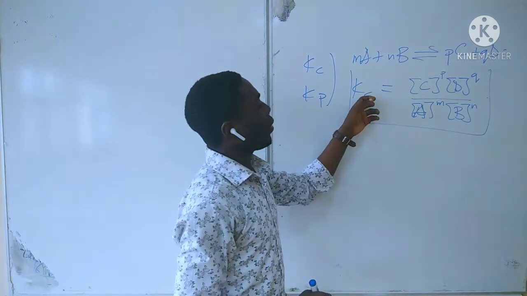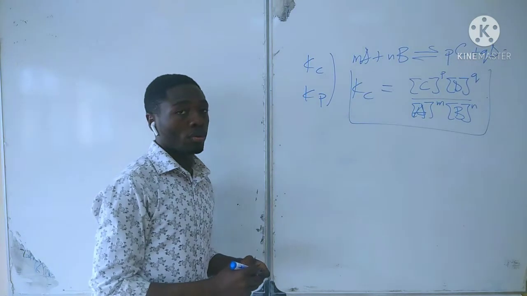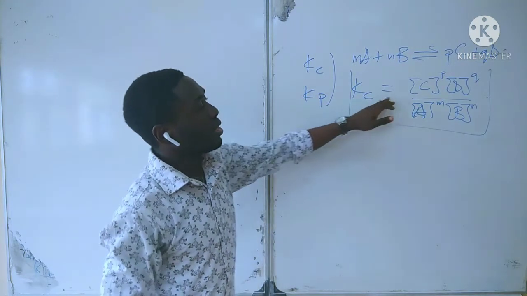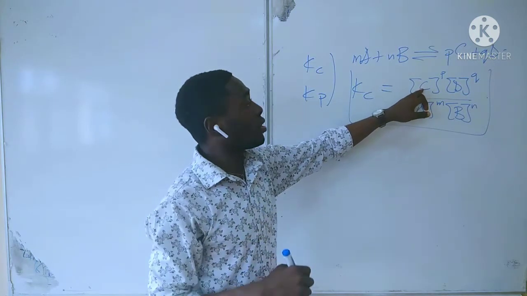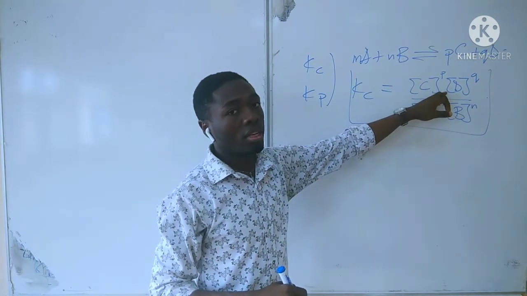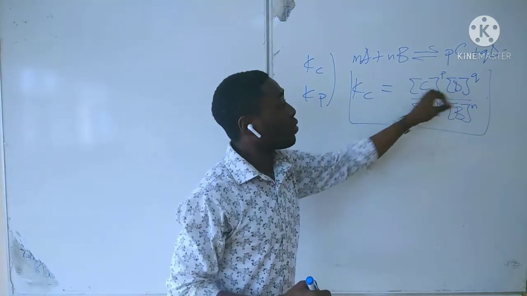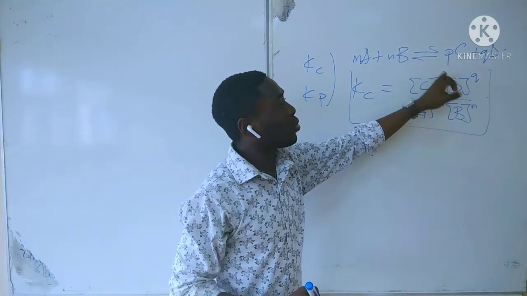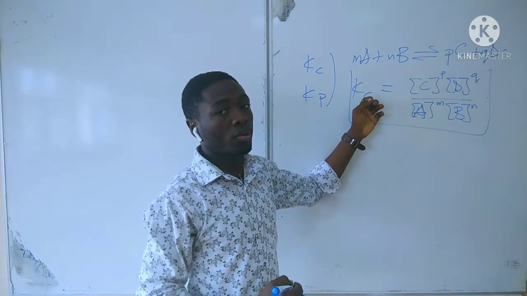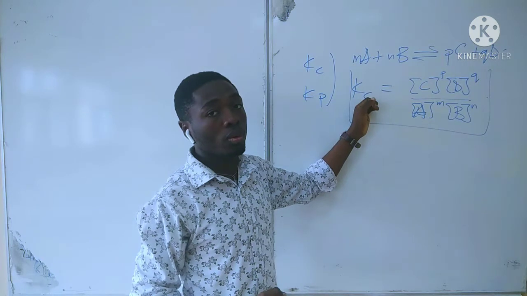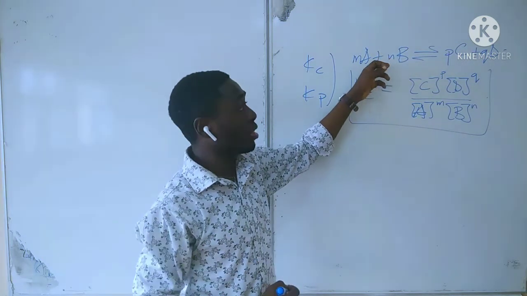When you express it like this, it makes it easier to state the equilibrium law. The equilibrium law states that the product of the concentration of the products, each raised to its stoichiometric coefficient, meaning that before you write an expression for the equilibrium constant, the reaction must be a balanced equation.